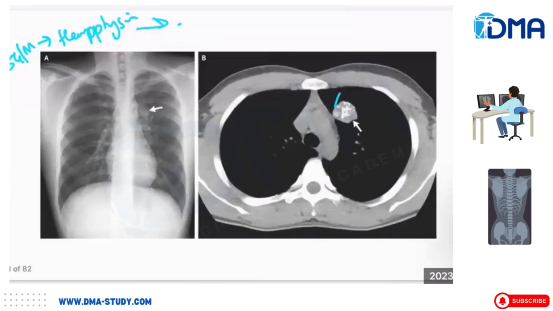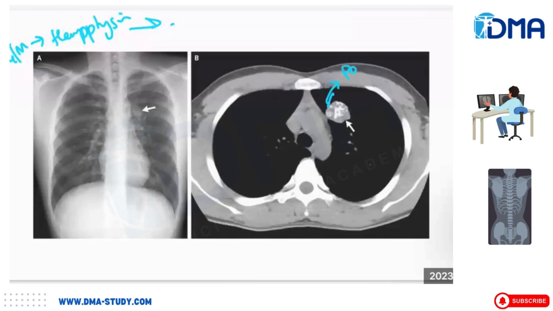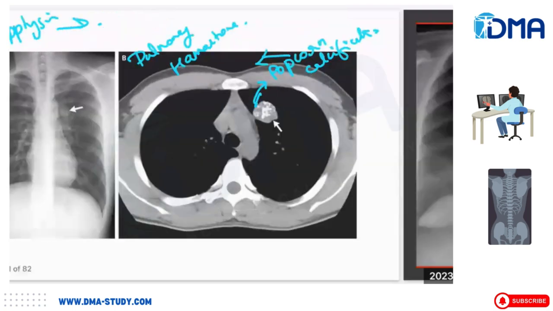Doesn't it look like a popcorn? Popcorn calcification. Where is it seen? It is seen in case of a pulmonary hamartoma. Right? Popcorn calcification is seen in case of the pulmonary hamartoma.